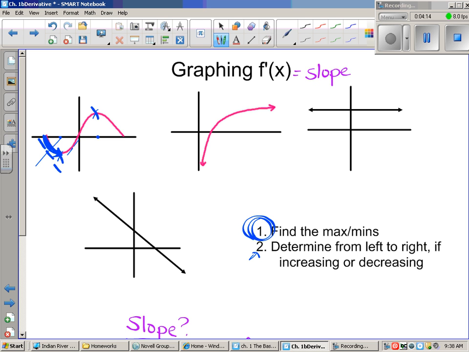What kinds of slopes are along there? Positive. So they would all take on positive values. Now, more specifically, if I was to look at this, you would notice that it's kind of slow here, and then it increases substantially, and then it slows down again. It starts to flatten out.